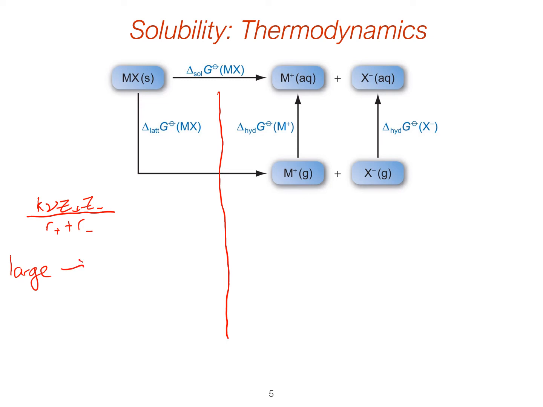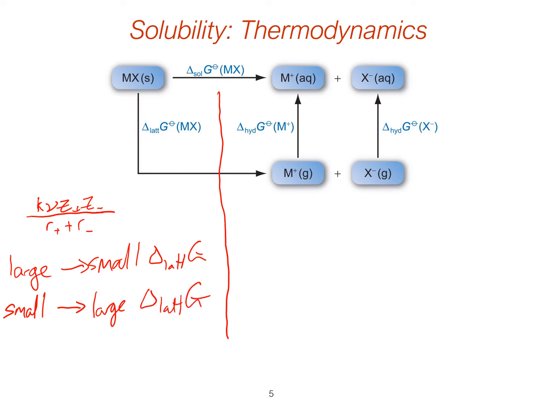So this leads to a small delta G lat. And the opposite is obviously true. Now, if the ionic radii are small, we're dividing by a small term on the bottom. So then we end up with a large lattice energy.